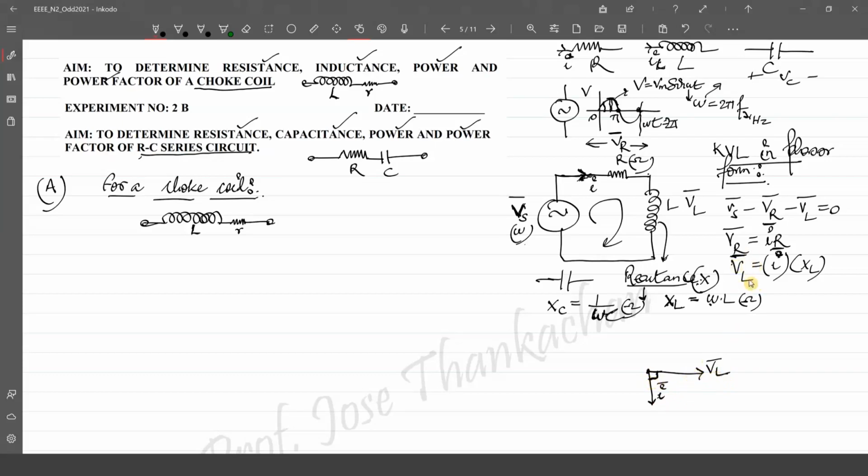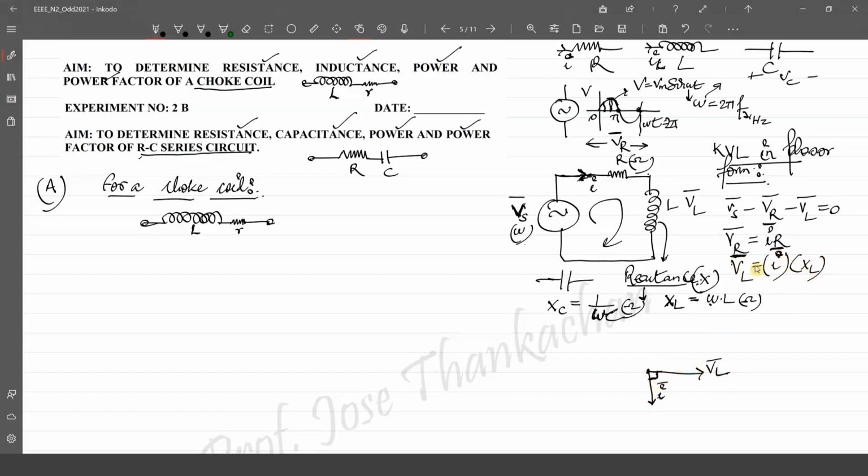But when I write the equation VL equals I into XL, as per this expression, what do you understand? XL is a scalar, I is a phasor, VL is also a phasor. A scalar multiplied by a phasor will have the same phase as that of I. But that is not actually true for an inductor. There is a 90-degree angle between these two phasors.